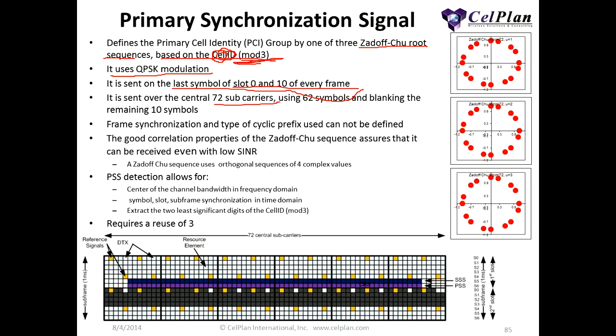It uses 72 subcarriers, of which 62 carry symbols and the remaining 10 are blanked. So 5 subcarriers on each side are blanked, and the PSS is shown here, the signal in the middle.